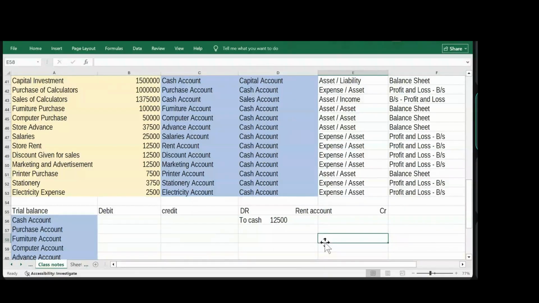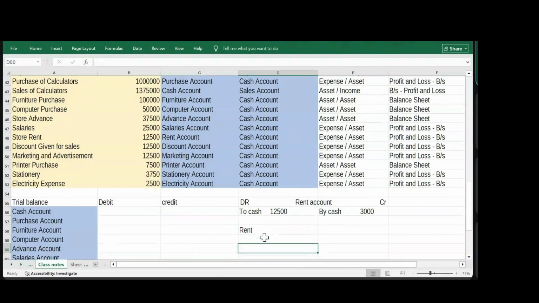For example, if you imagine that there is rent received, then what will be the entry? By cash account. Whatever, simply I'm writing some amount. If I take it slow, once for all you should understand properly.